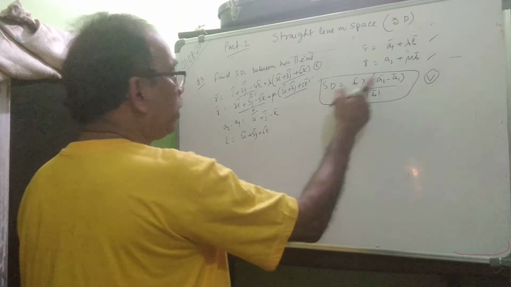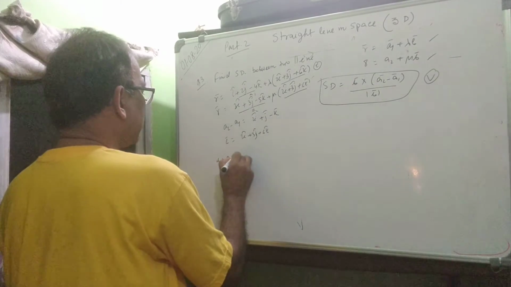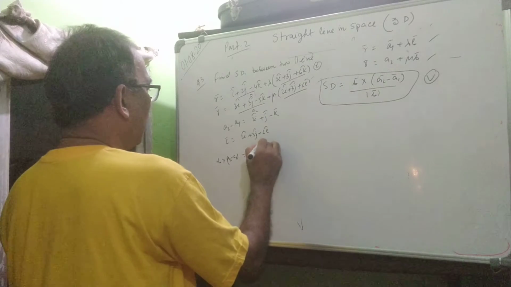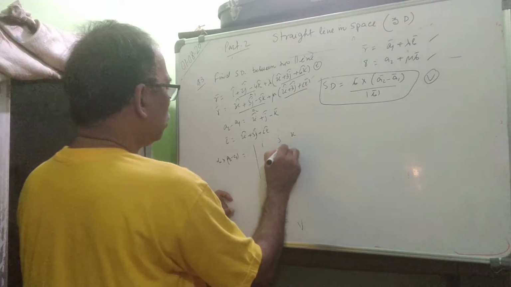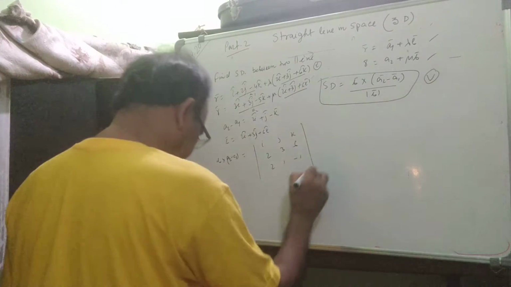We have to find B cross A2 minus A1. So B cross A2 minus A1 equals the determinant of i, j, k; B is 2, 3, 6 and A2 minus A1 is 2, 1, minus 1.